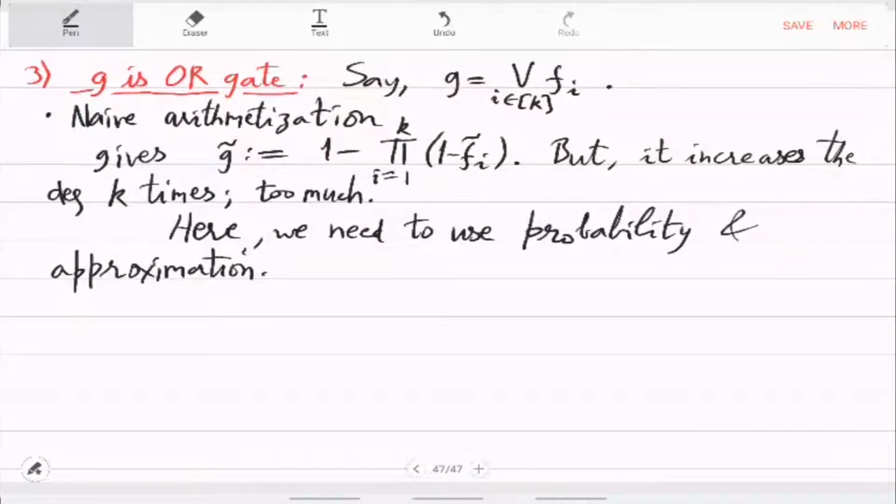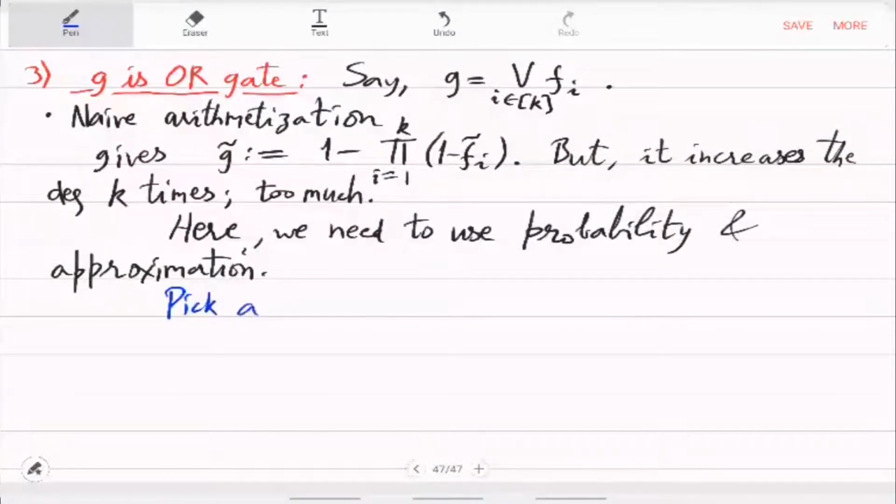So instead what we will do, we will just randomly pick Fi's out of F1 to Fk. We will pick few Fi's and arithmetize. So that's the idea.